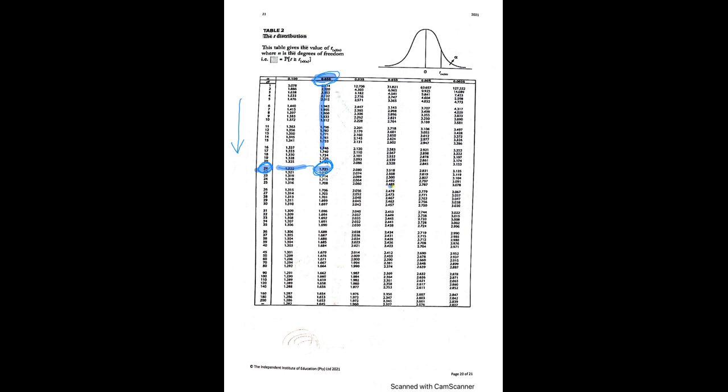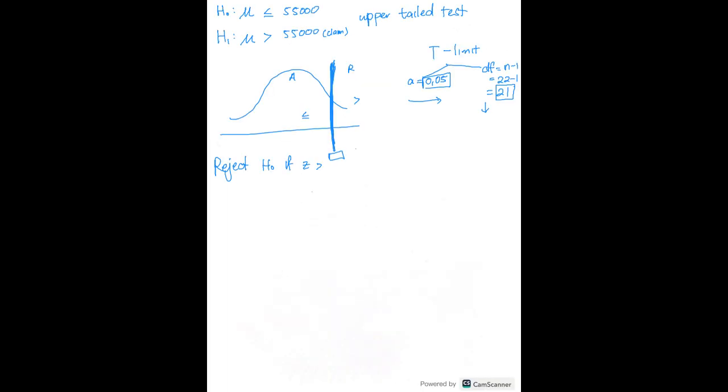1.721. And that is the value that goes into your diagram. So I'm just trying to skip back to the question. Okay, here we go. So you have a T limit that is 1.721.